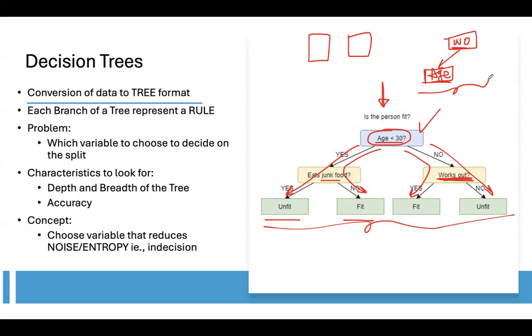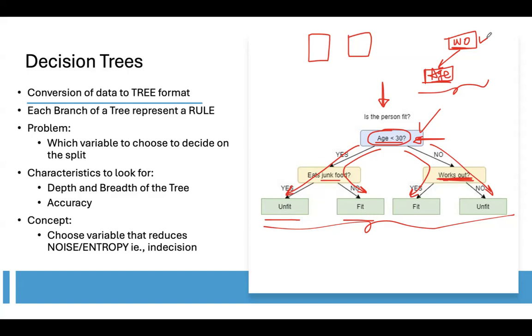Now, in order to develop a decision tree, the first question that you have to solve is what should be the first question that you need to ask? Should you ask about the age of the person or should you ask about the workout? What question should you ask? And then once you have asked your first question, what should be the second question?